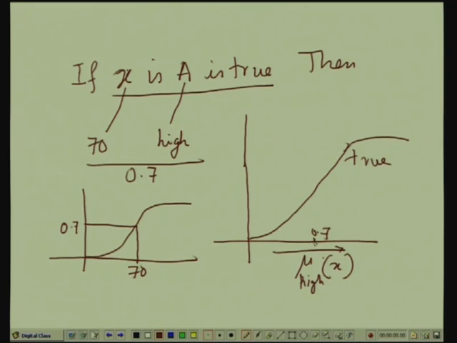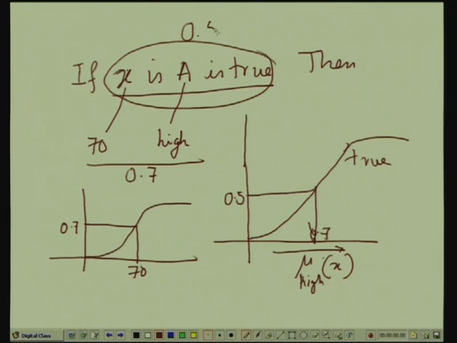So, for 0.7 we will have a membership say 0.5 here. So, it is a two level thing. So, this entire thing will now evaluate to 0.5. Okay. This is how the antecedents are evaluated.